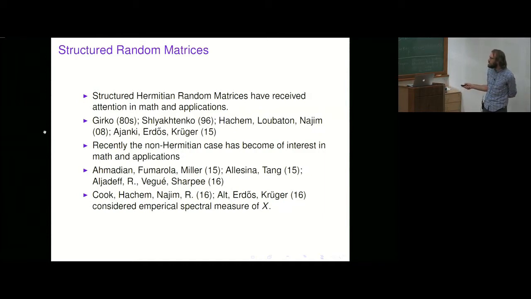First in applications, so these are some papers from neuroscience or theoretical ecology. And then about 2 years ago, Nick Cook, Walid Hachem, Jamal Najim with myself, and at the same time, Johannes Alt, Laszlo Erdős, and Torben Krüger considered the empirical spectral measure of these random matrices X and classified what their eigenvalues look like.